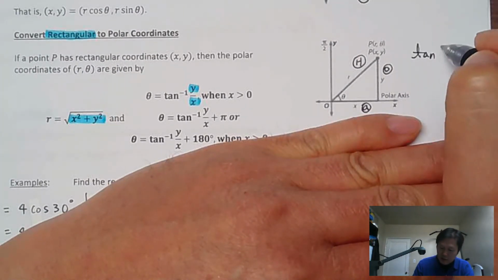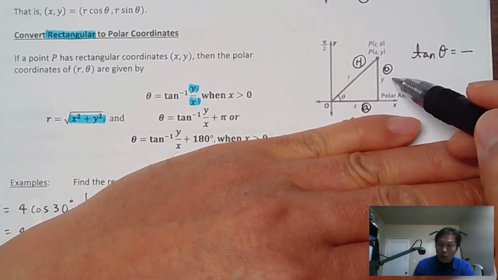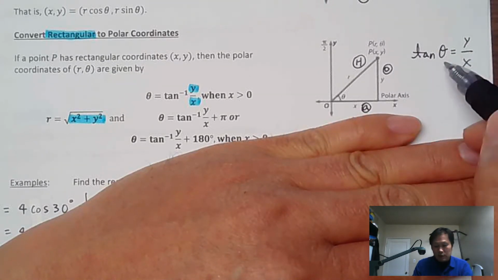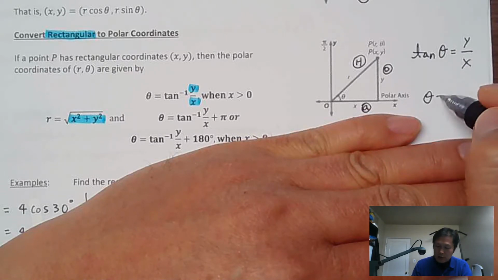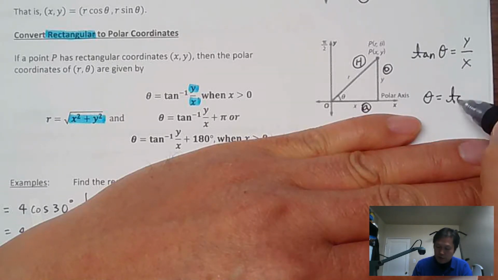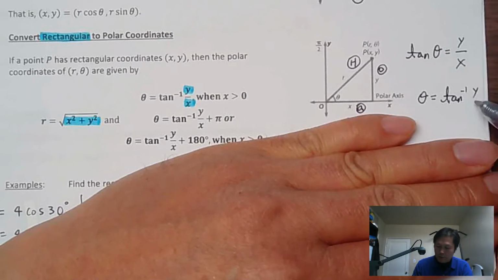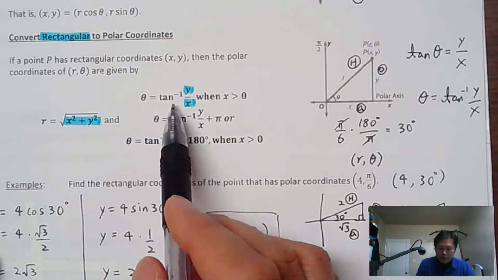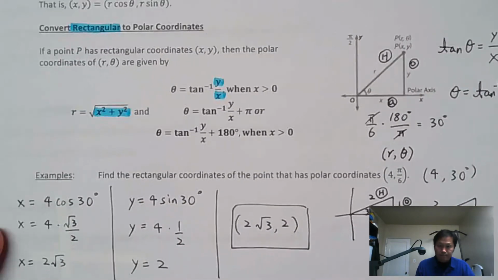Tangent theta will be equal to O over A, which is y over x. And to get the theta, you will need to do theta is equal to inverse tangent of y over x. That's where this theta equals inverse tangent of y over x comes from.